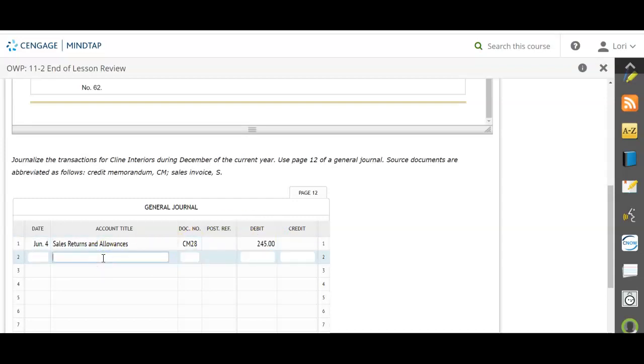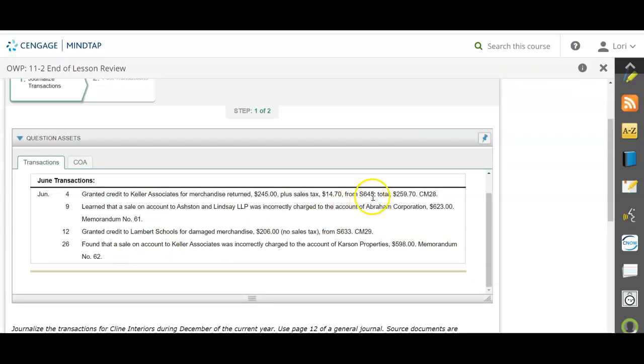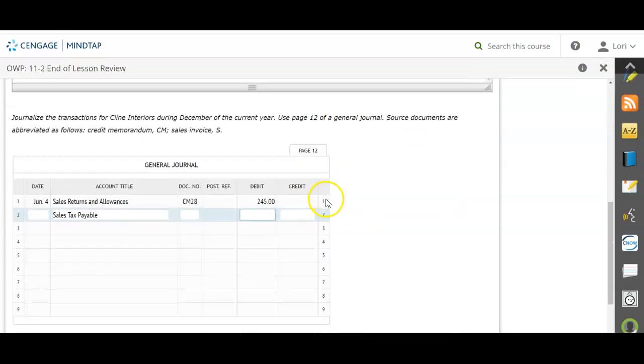Now, because this is a state that collects sales tax, we have to reimburse the amount they paid in sales tax for that $245. So this is sales tax payable, and we are going to debit, because we're returning it, for $14.70. And last but not least, we're going to take it away from what the customer owes us.